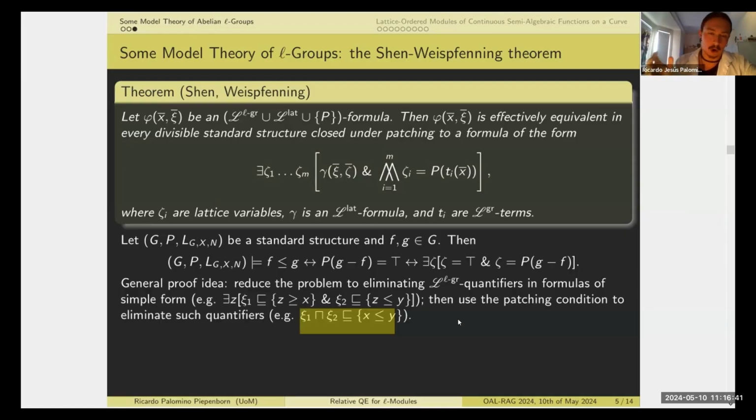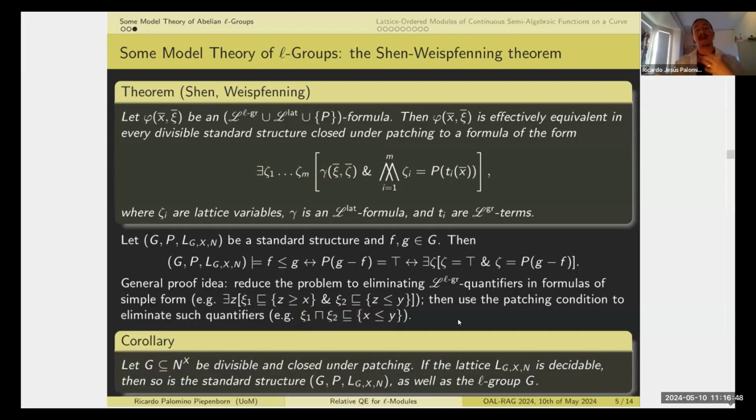Good. So one of the main reasons why we will care about this statement is the following. The statement allows you to give decidability results about abelian L groups.